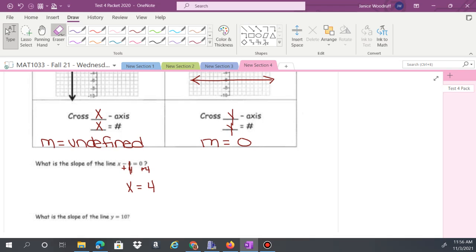It is missing a y, which means the slope is undefined. It's x equals a number. Y equals 10, what is the slope of that one? Y equals a number? 0. Good.